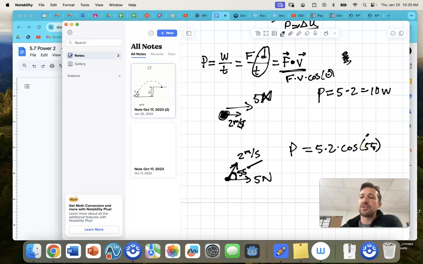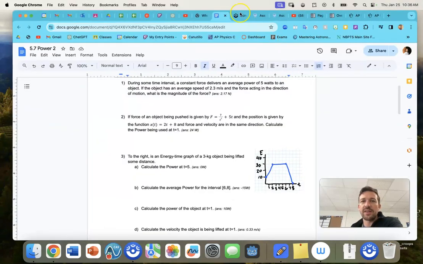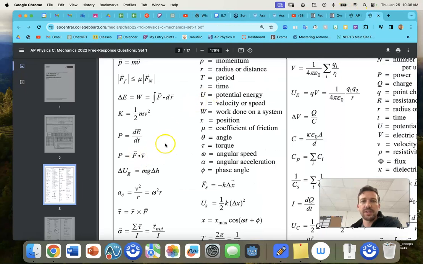And then you would just type that into your calculator, and you see how it's probably going to be smaller, right? 10 times cosine of 55, and it comes out to 5.73. So the power is going to be different on this one than this one if they're working in the same direction. Okay, so that's what this little dot means when you look at it on the formula chart.